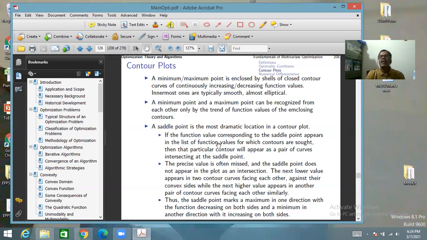Now, you may or may not have specified the value of the function at the saddle point in your list of function values for which you want the contours. If you have supplied that as one of the function values precisely, then through that you will find two intersecting contours with the same function value.